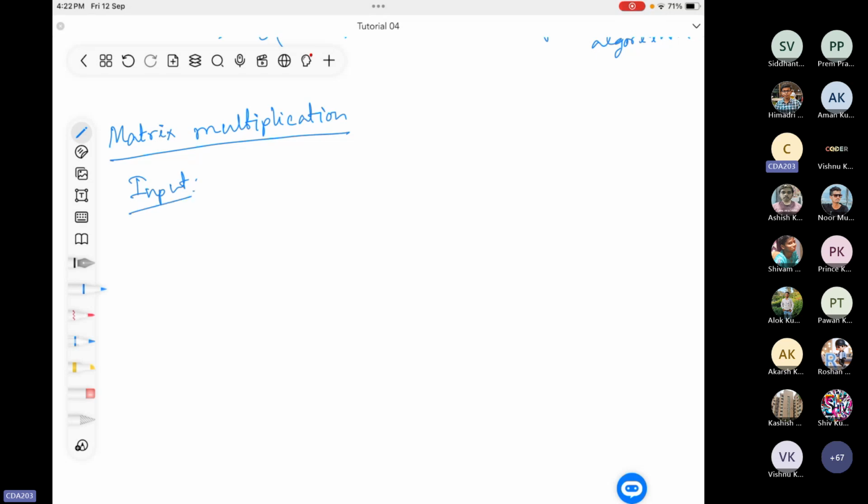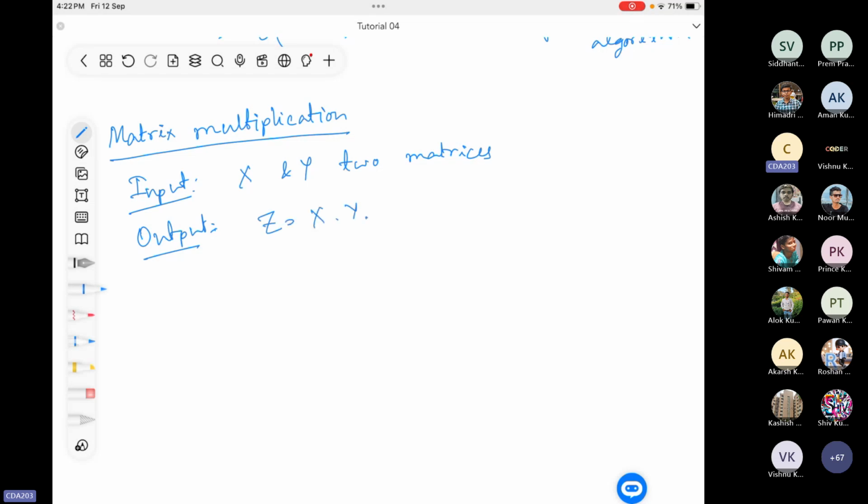Given two matrices X and Y, if we multiply them, then I want to get the output Z, which is the multiplication of these two matrices.